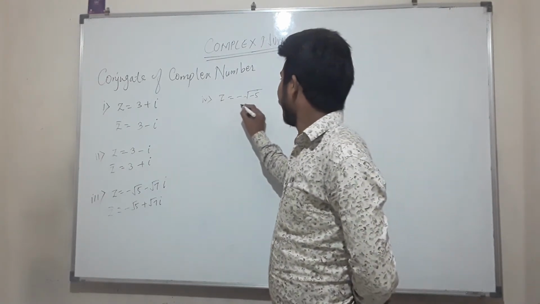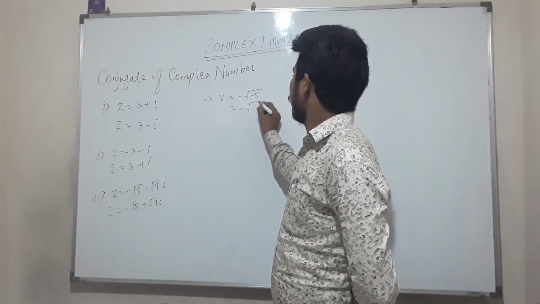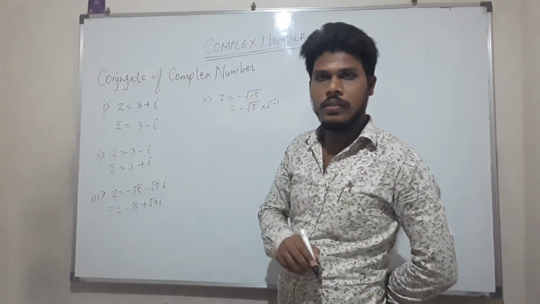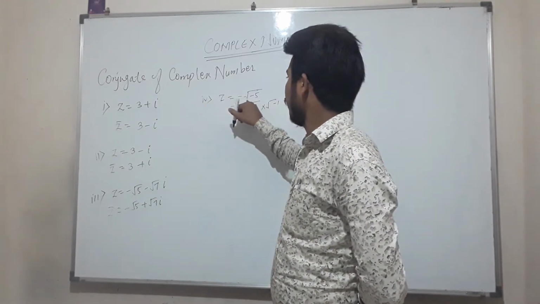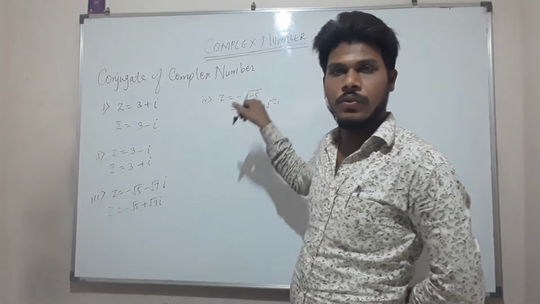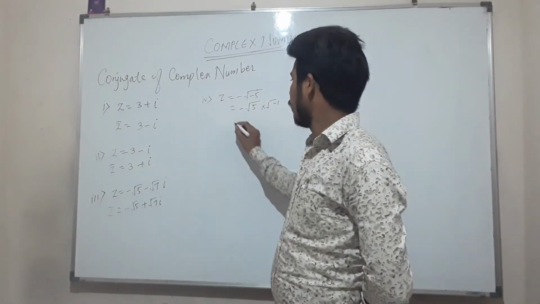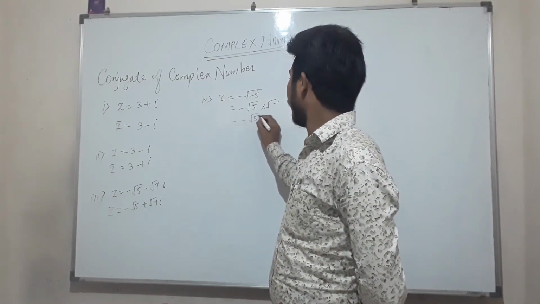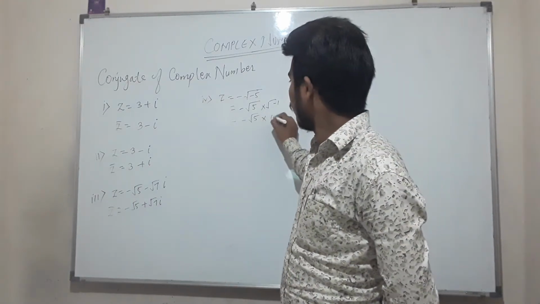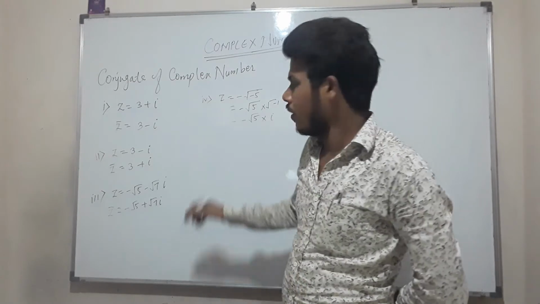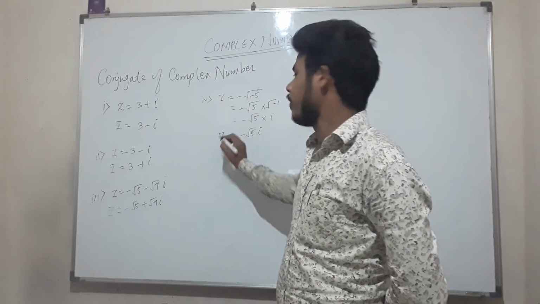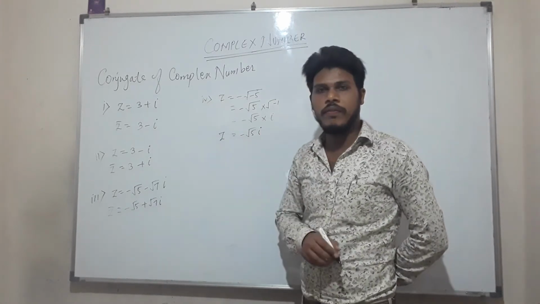So we can write it as minus root 5 into root minus 1, right? We can split minus of square root of minus 5 in the form minus root 5 into root minus 1. So minus root 5 and square root of minus 1 is nothing but i. So minus root 5 into i. So final answer will be minus root 5i. z is equal to minus root 5i.